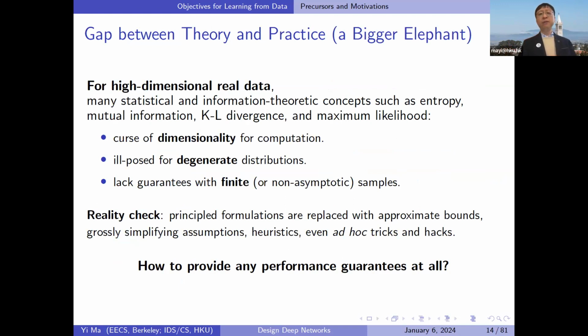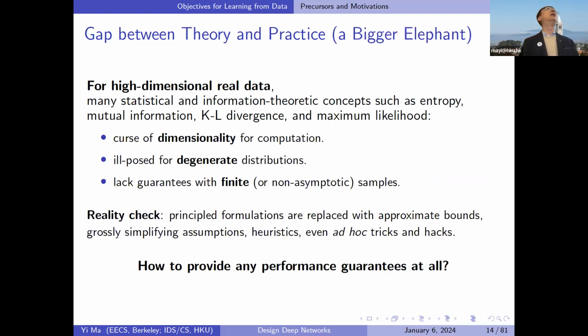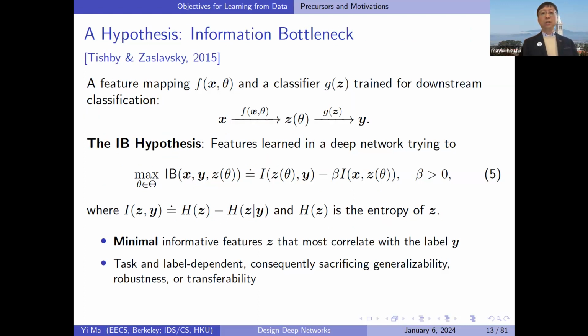This kind of theoretical framework may provide conceptual guidance, but it is not operational or actionable. Just like these days, Ilya Sutskever tries to say that large language models minimize the Kolmogorov complexity. Yes, you can talk about that complexity, but it's not computable. Okay? So you can talk about mutual information.